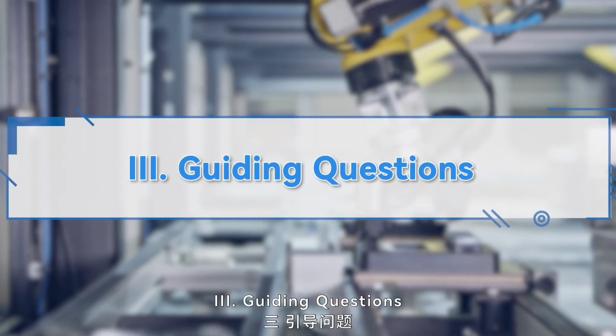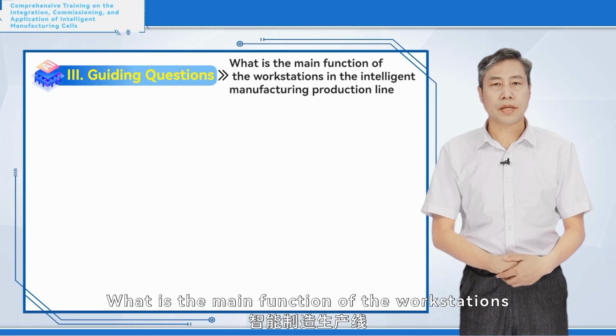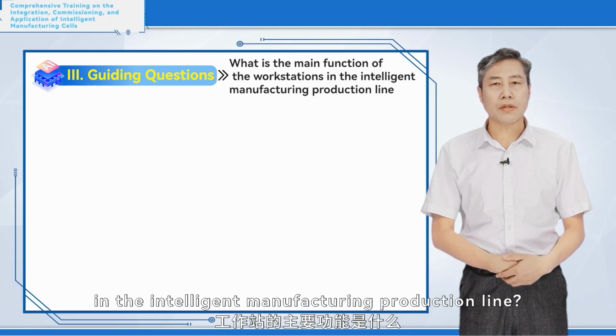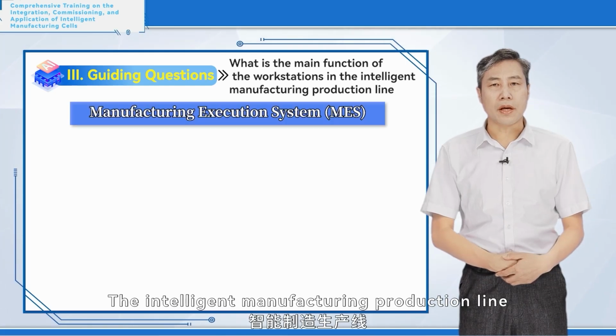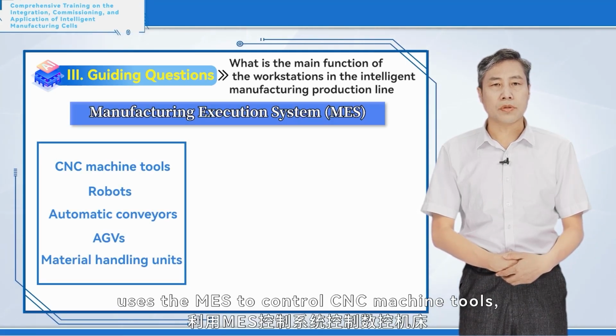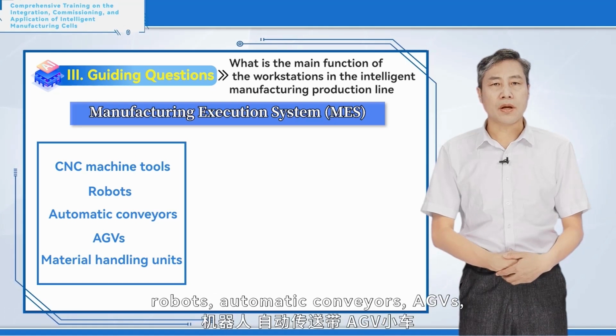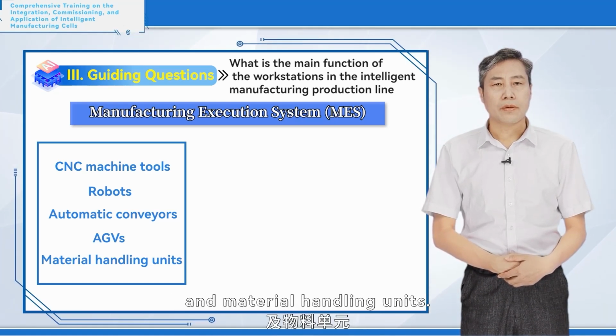3. Guiding questions. What is the main function of the workstations in the intelligent manufacturing production line? The intelligent manufacturing production line uses the MES to control CNC machine tools, robots, automatic conveyors, AGVs, and material handling units.